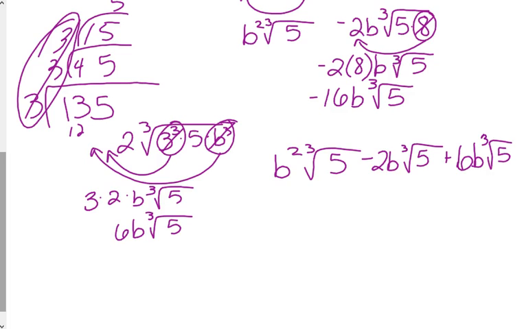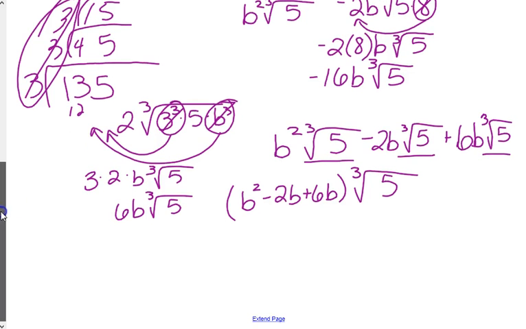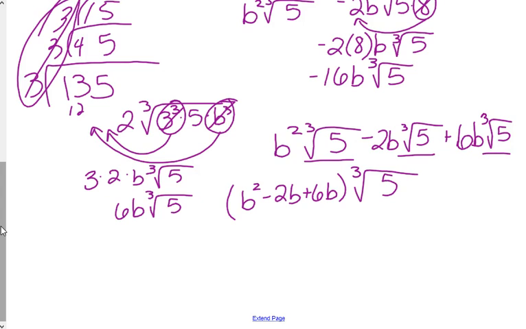So now let's go ahead and rewrite it so we can use our distribution, because we have cube root of 5, cube root of 5, cube root of 5. These are like radicals. So we're going to have b squared minus 2b plus 6b, all of that times the cube root of 5. b squared does not have any like terms inside that parentheses in our order of operations. We always do our parentheses first.